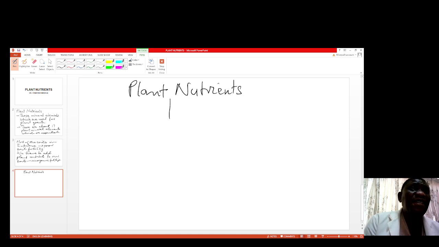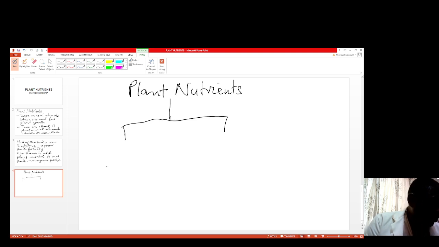We can divide them into two. The first group is essential nutrients.